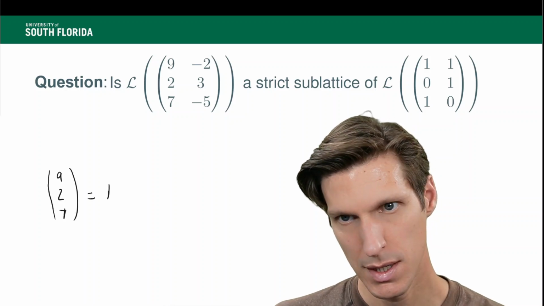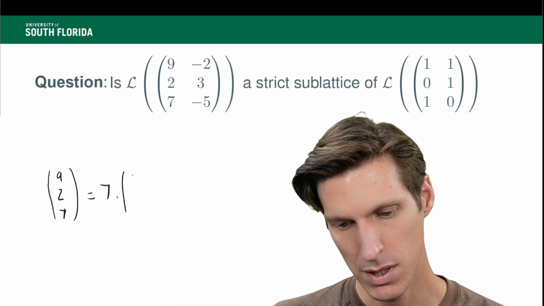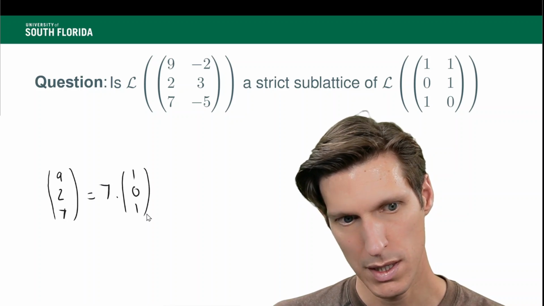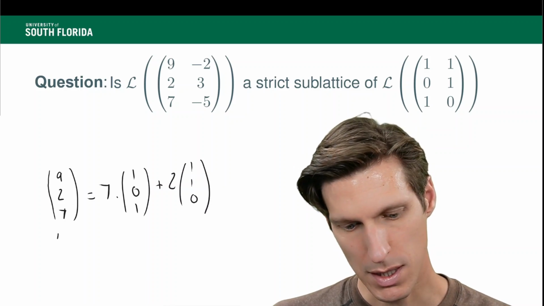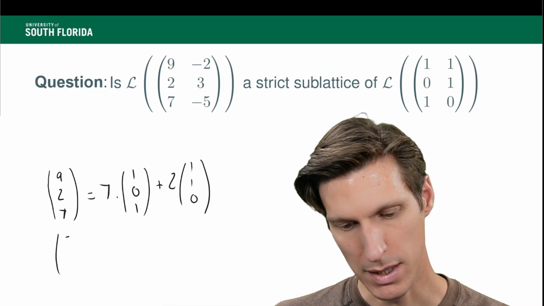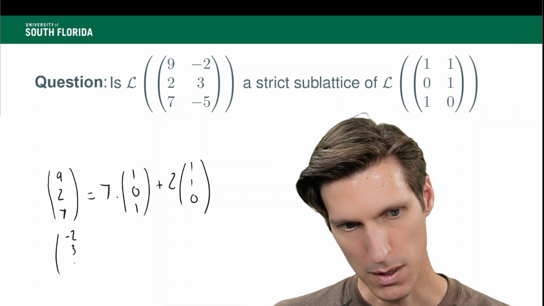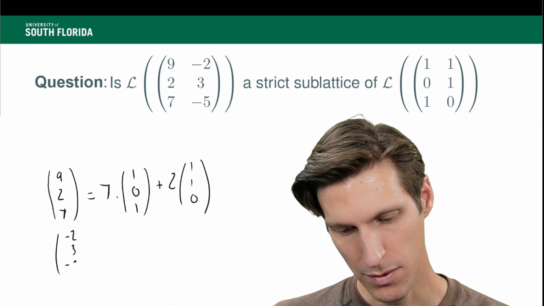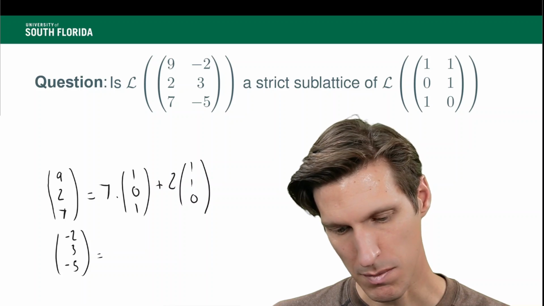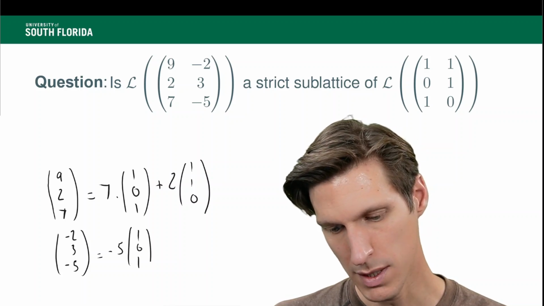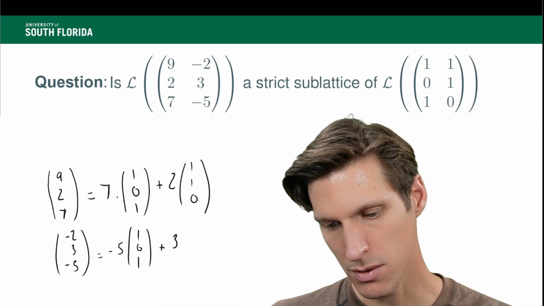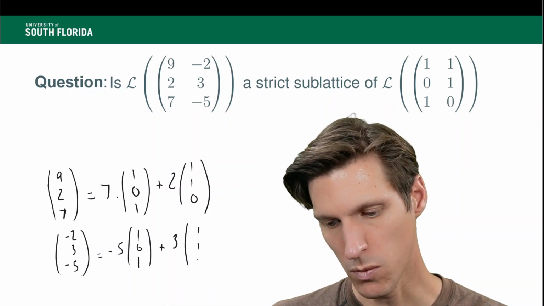That is 7 times (1, 0, 1) plus 2 times (1, 1, 0). Likewise, I can show easily that (-2, 3, -5) is -5 times (1, 0, 1) plus 3 times (1, 1, 0).